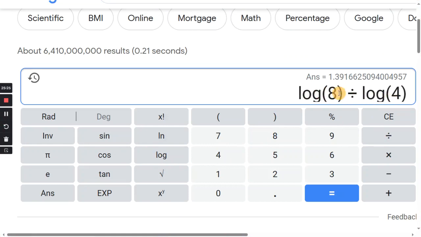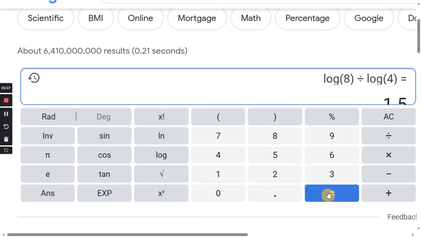This whole thing is first, hit equals, and then that whole thing is going to be minus 1. Hit equals again, and then divided by 2. Hit equals again, and it's 0.25. Great, we don't even have to round off.